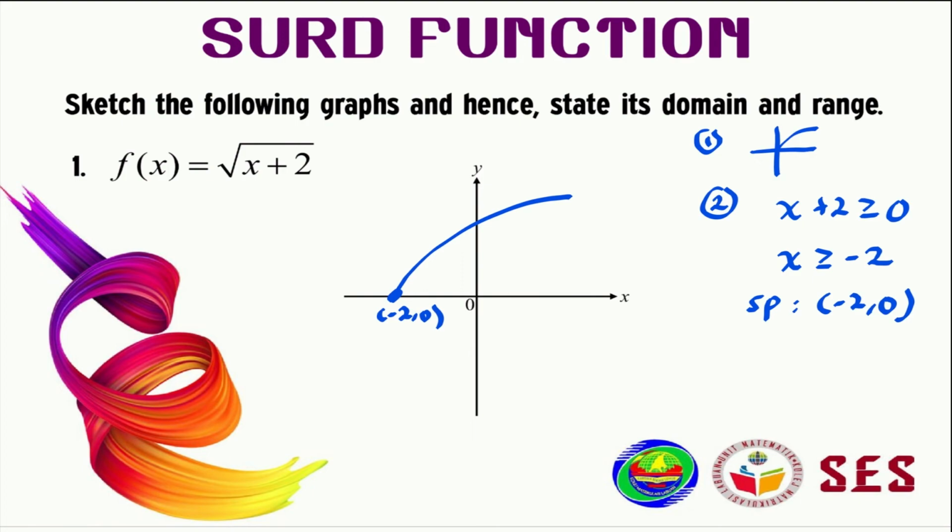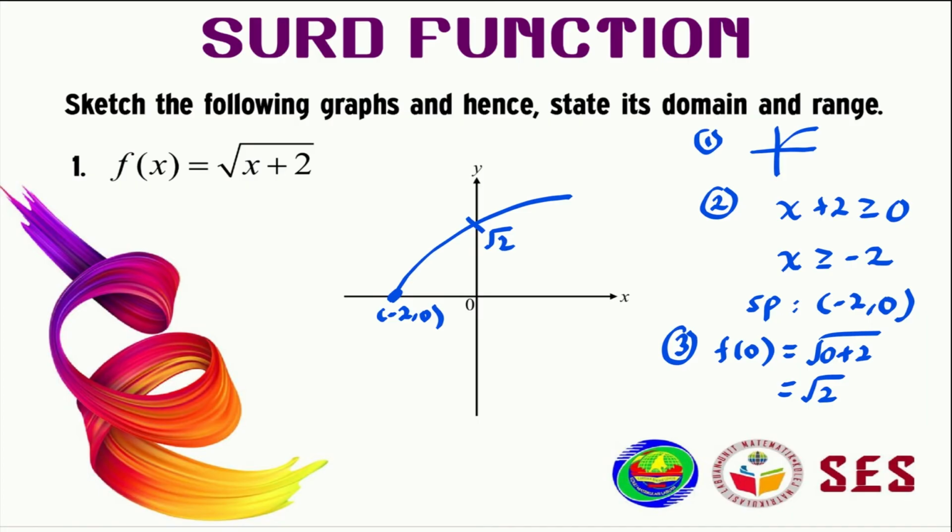To get the y-intercept, we substitute x with 0, so we need to find f(0). This is the square root of 0 plus 2, which gives the square root of 2.